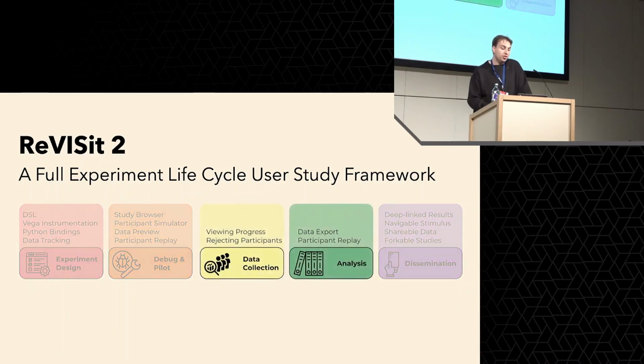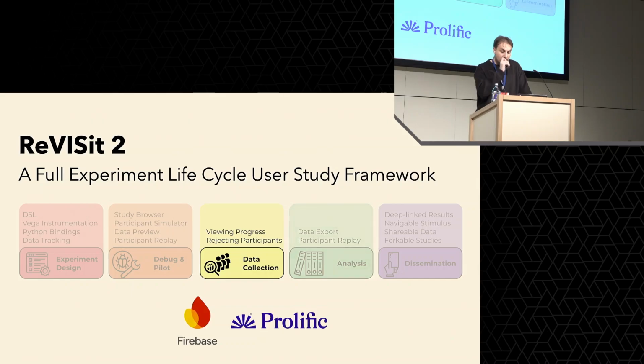Quickly first, for the other 2 phases, those being data collection and analysis, tools already exist that do a great job of supporting these phases, and so our features are mostly aimed at connecting people with those pre-existing tools. For example, reVISit itself relies on platforms like Firebase for data storage and crowdsourcing platforms like Prolific to find and pay participants.